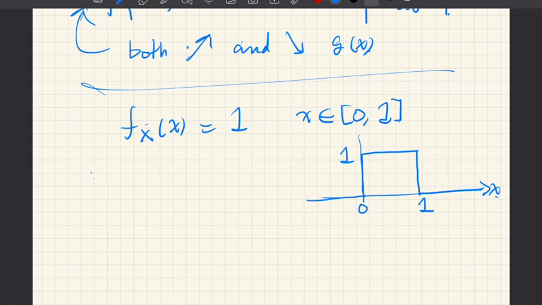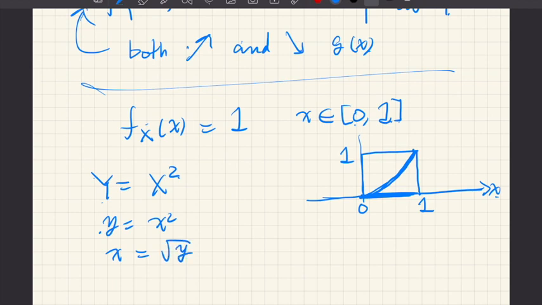Then define a new random variable by x squared. Within this interval between 0 and 1, this is just an increasing function, right? It's a monotone increasing function. So we have the inverse function. Obviously, if we have y equal to x squared, then x is equal to the square root of y, right?